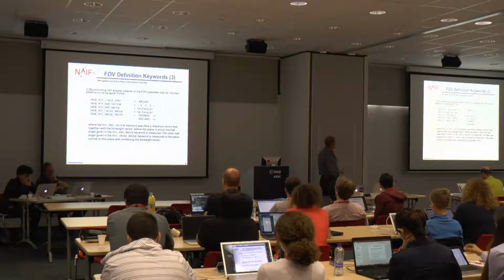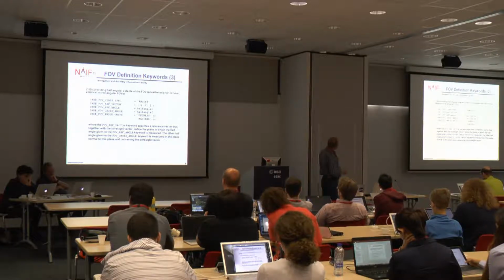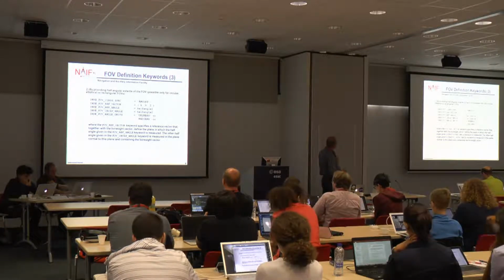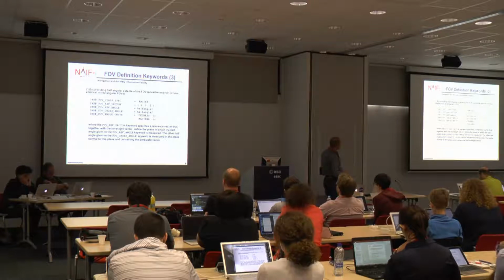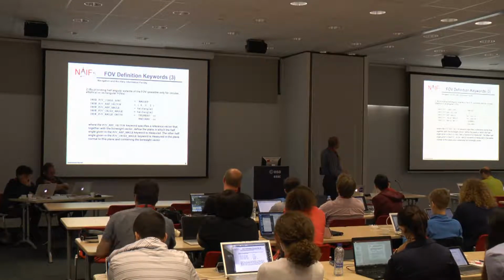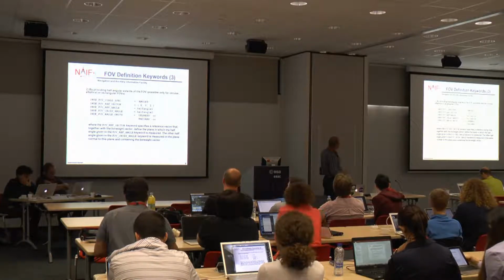The second way of defining boundary vectors is by providing field of view angular extents, which is possible for circular, elliptical, or rectangular fields of view. In this case, the FOV_CLASS_SPEC keyword has to be present and has to be set to ANGLES. And you need to specify a reference vector and reference angle.